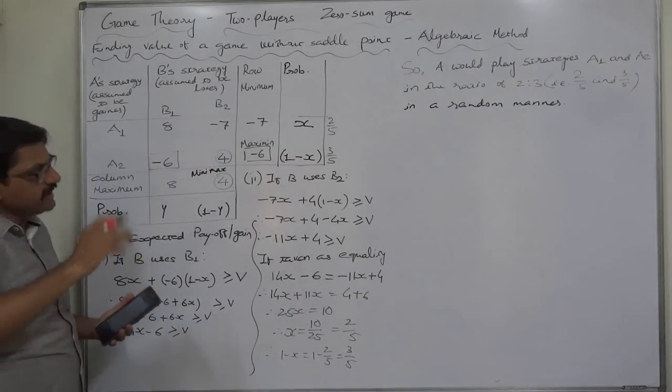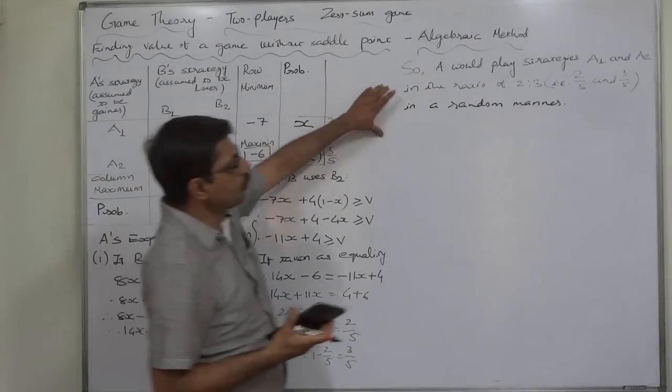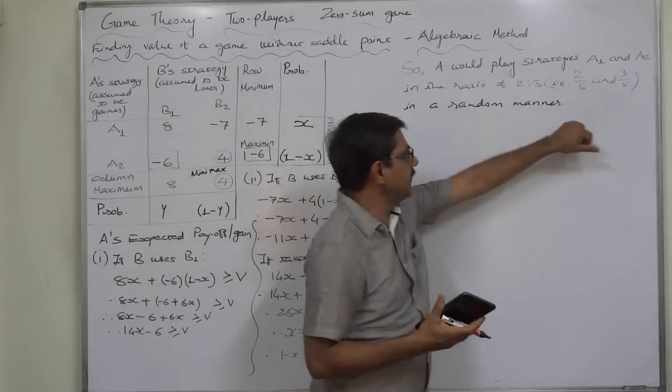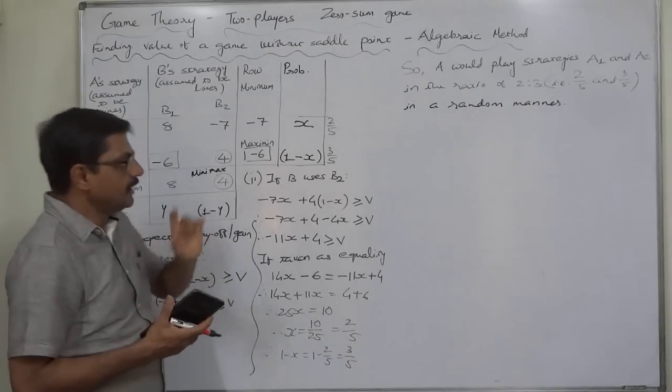So the game is played so many times, and A would prefer to play strategies A1 and A2 in the ratio of 2:3 in a random manner.